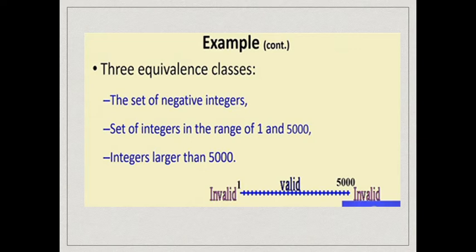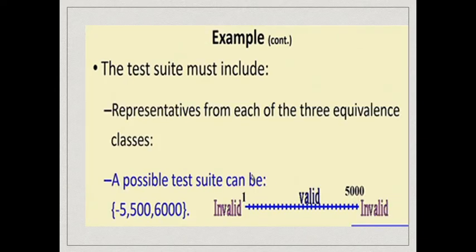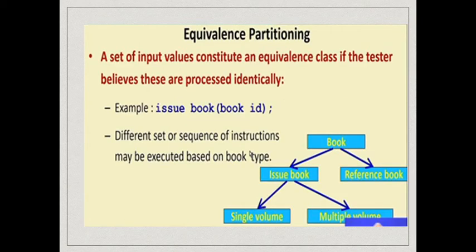The valid equivalence class is anything between 1 and 5000, one invalid equivalence class is anything more than 5000, and the other invalid equivalence class is the set of negative numbers. Then we take one representative value from each equivalence class: one negative value, one value which is more than the valid range, which is 6000, and the largest valid value, 5000. So these three values form an equivalence class test for this simple problem.